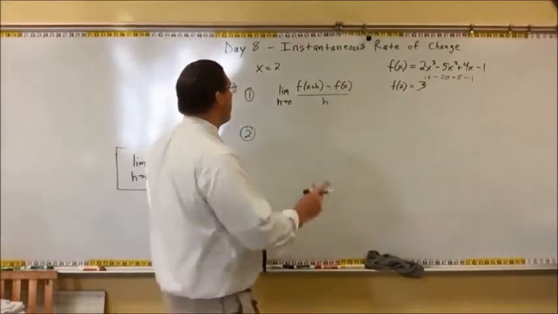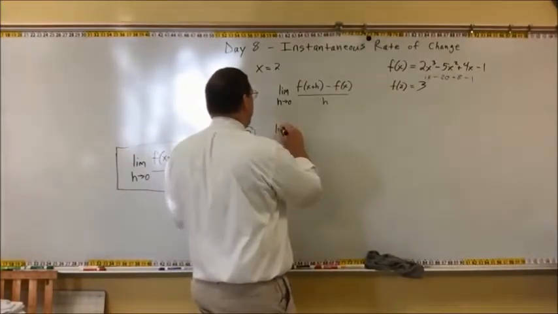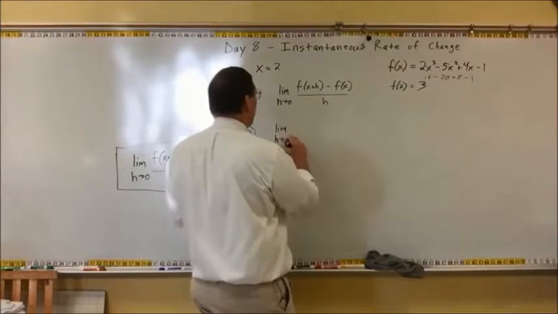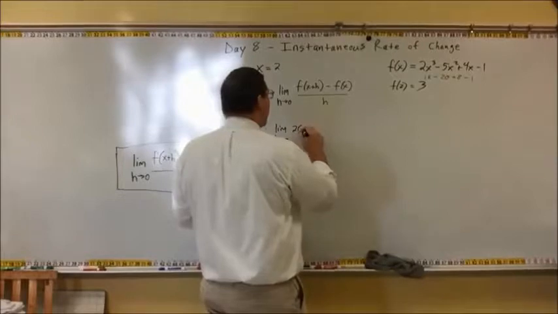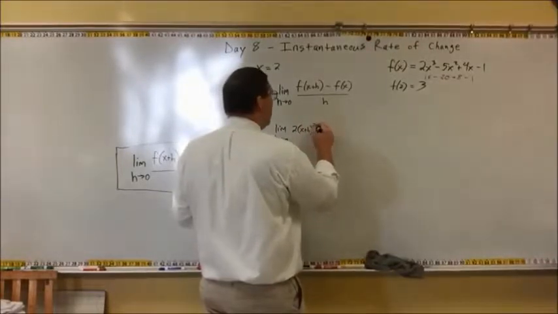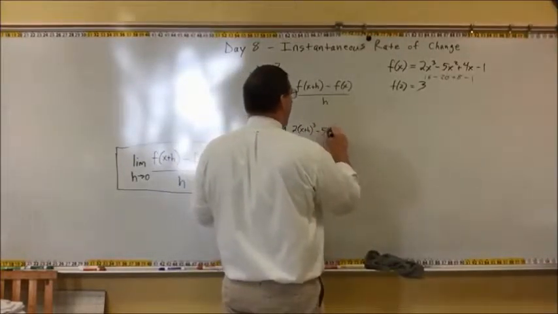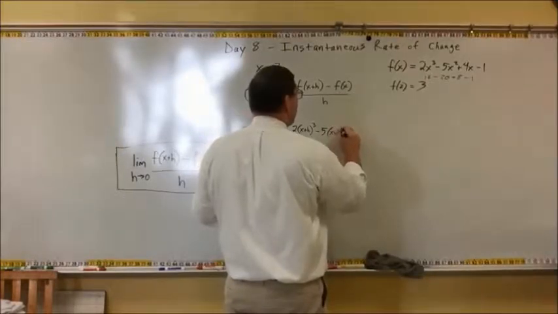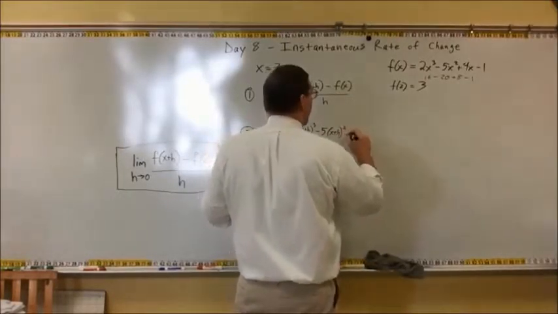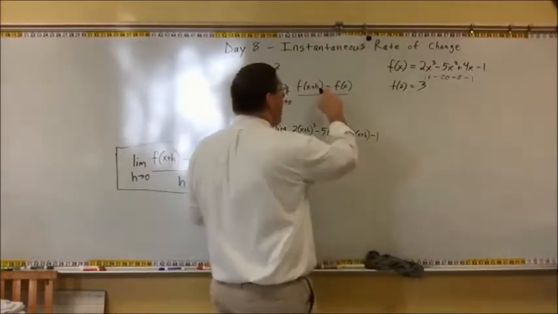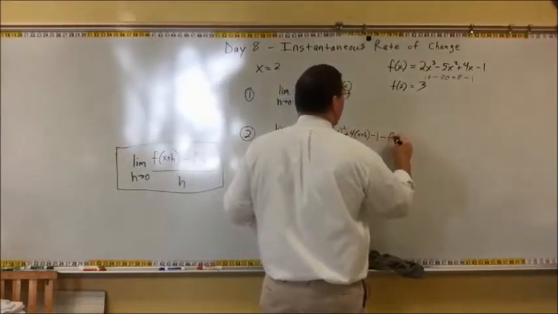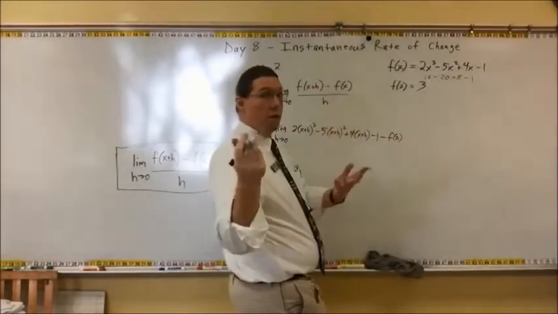Right? So now watch what I'm going to write. I'm going to say the limit as h approaches 0 of 2 times x plus h cubed minus 5 times x plus h squared plus 4 times x plus h, okay, minus 1 minus f of 2, which is 3.